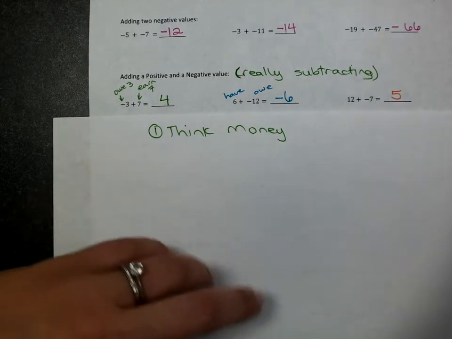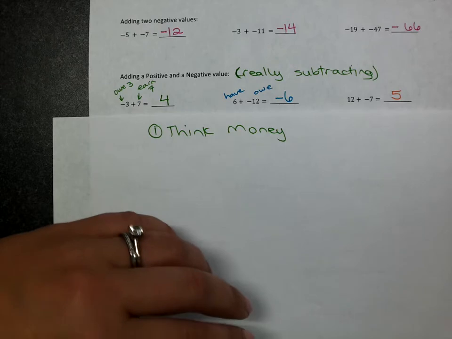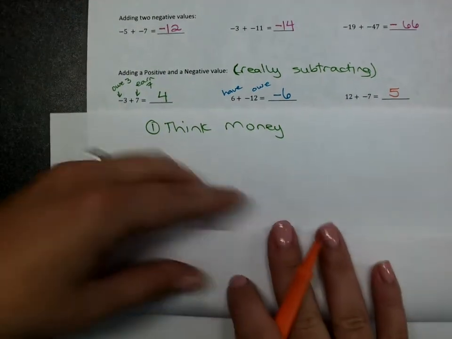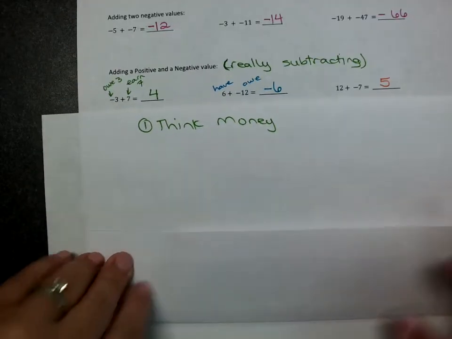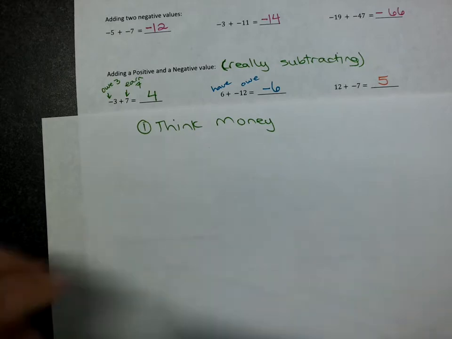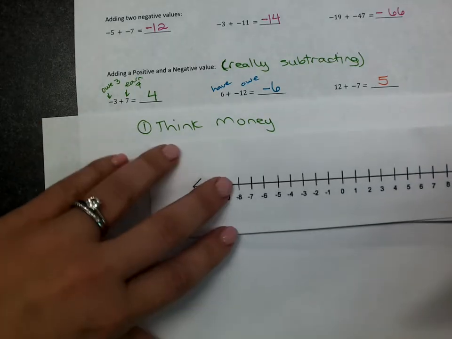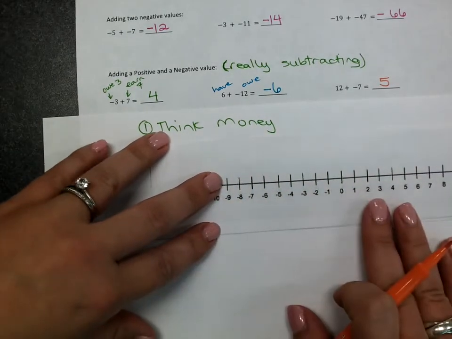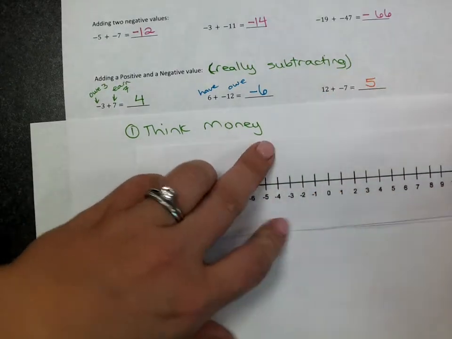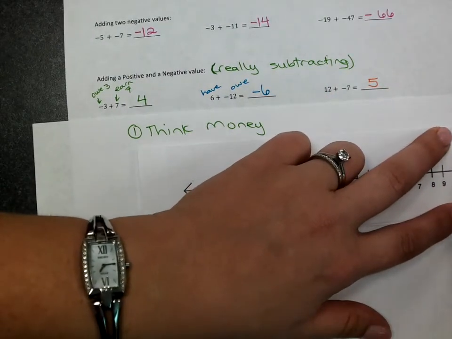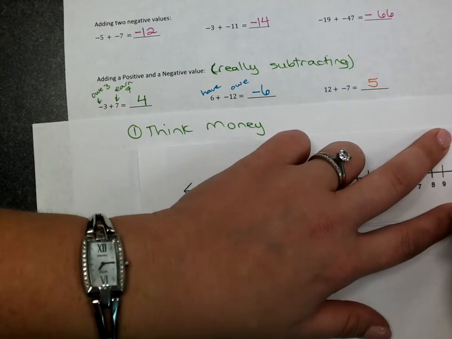I'm going to show you one more time on the number line just so you can kind of get the pattern here. If we're adding a positive, we move to the right. If we're adding a negative, we move to the left. So on the number line, if I'm sitting at +12, you'll have to kind of pretend here, my number line only goes to 10, so 11, 12.